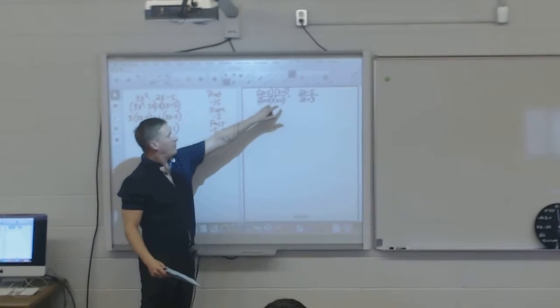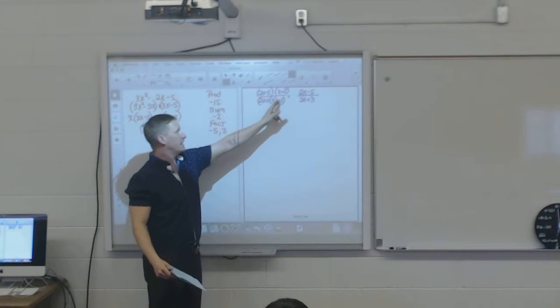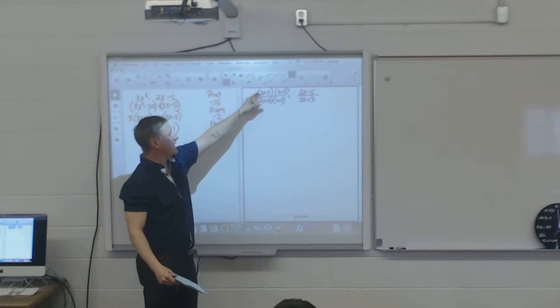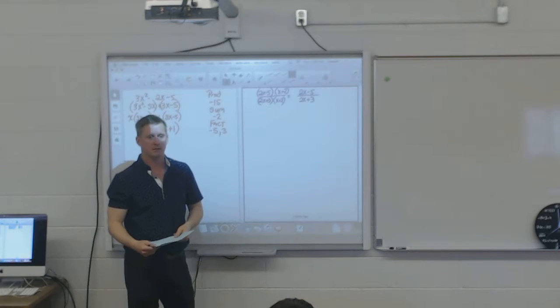So the bottom, when I factor it, is this. I need to cancel out the x plus 2, and I need to have a 2x minus 5 so that this is the same on both sides.